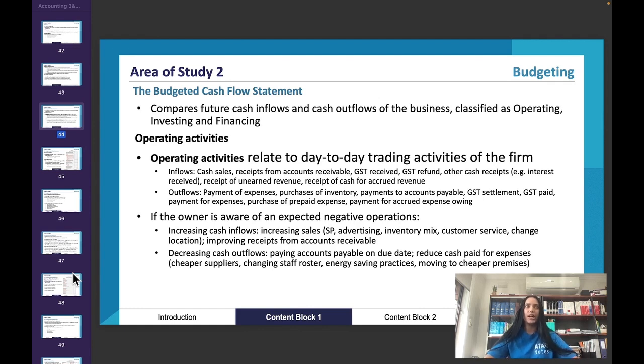For example, if it's predicted that the business will have a whole bunch of cash lying around, the business might want to purchase a non-current asset or put a term deposit in that future period. So, budgeting isn't just, oh, I'm going to make a prediction and see whether my prediction is right. It's, I'm going to make a prediction. If it's a negative prediction, I'm going to try and change that prediction. And if it's a positive prediction, I'm going to try and take advantage of that positive prediction. So hopefully that makes sense.